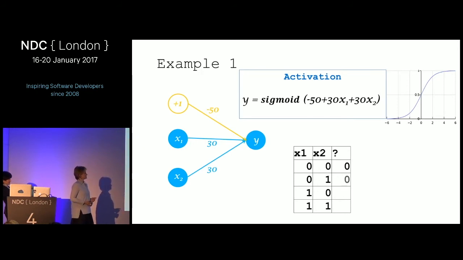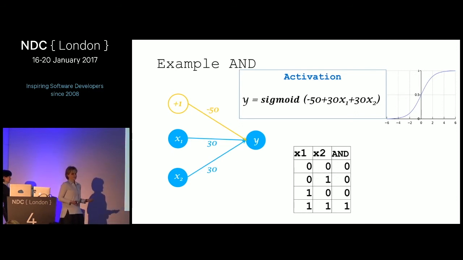If both x1 and x2 are equal to 1, then we get minus 50 plus 30 plus 30, that would be 10, and that would be asymptotically 1. So here we get the AND function. We calculated the logical AND function using that simple neural net, and that is as simple as it is.